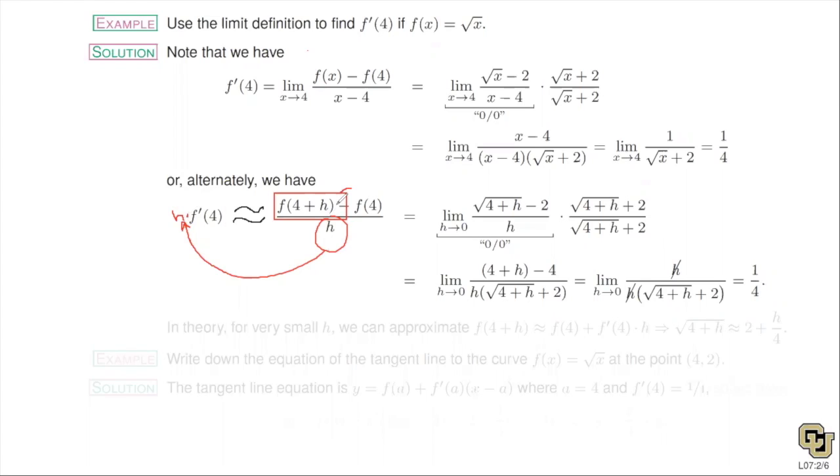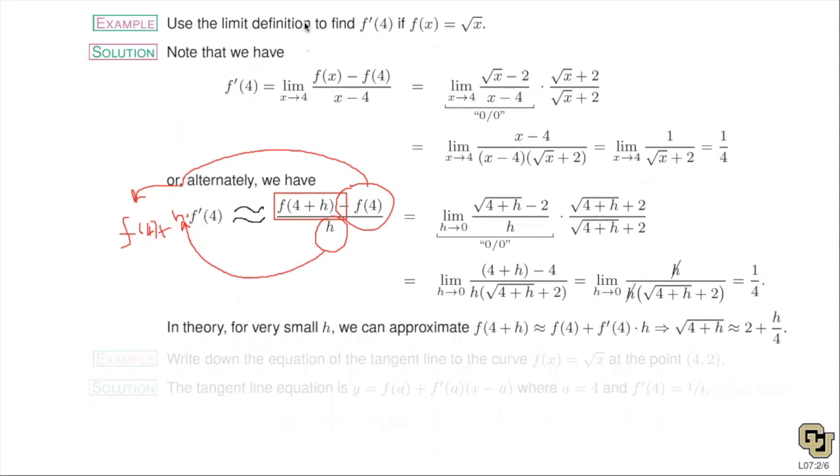And then I'm going to take this minus f of 4 and move it to the other side. The minus becomes a plus. So I get a formula that looks like this. Here's the formula when you solve.